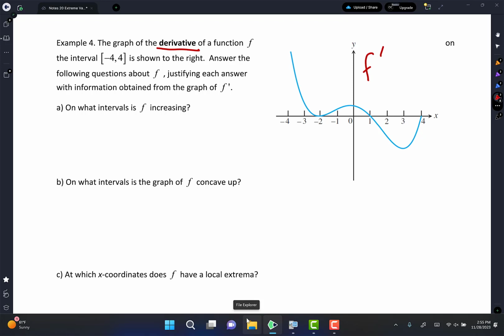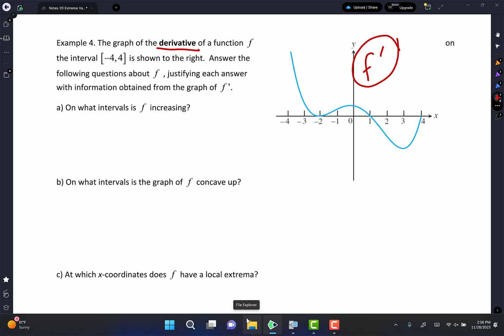Okay, so here we go. You guys ready? On what intervals is f increasing? From -4 all the way to 1. Why? What's positive? Oh, because it's concave up.